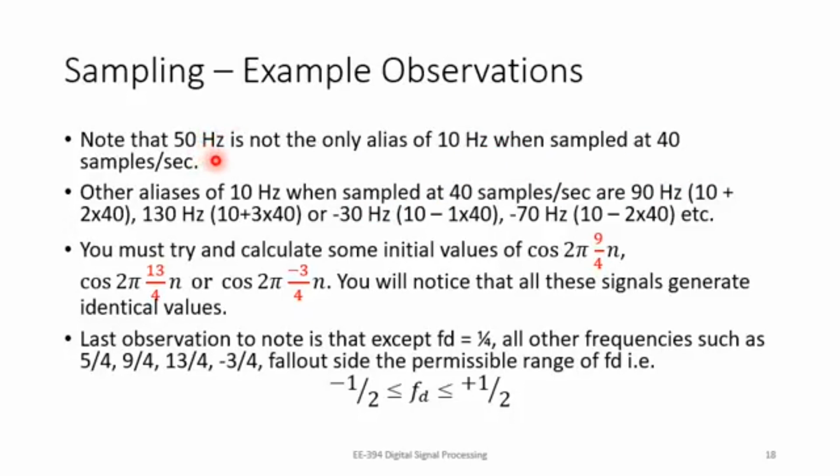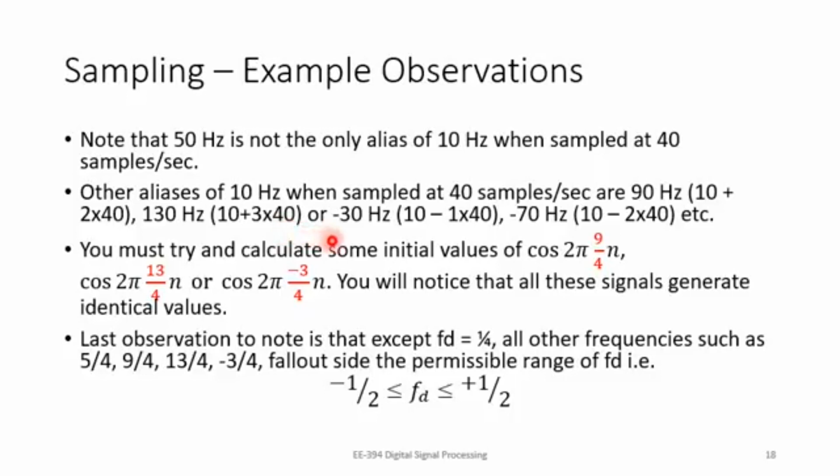Similarly, 90 Hz will also be an alias of 10 Hz because 90 and 10 differ by 80, which is a 2 times 40 difference. Similarly, 130 Hz will also be an alias of 10 Hz when sampled at 40 samples per second. The reason is that the difference between 130 and 10 is 120, which is 3 times 40.